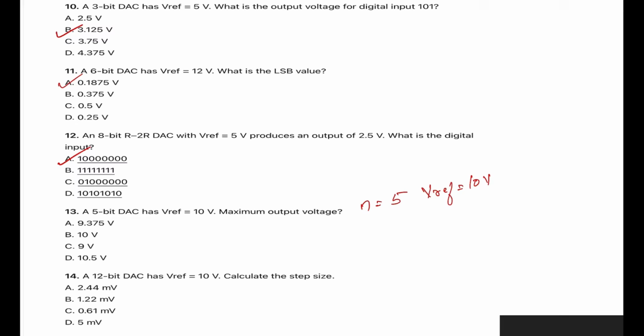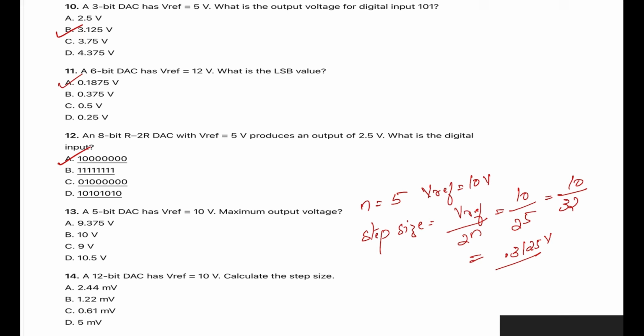Here we have to find the step size. Step size is equal to V reference divided by 2 raised to N, that is 10 divided by 2 raised to 5, which is 32, right? So 10 by 32. So the answer is 0.3125 volt.